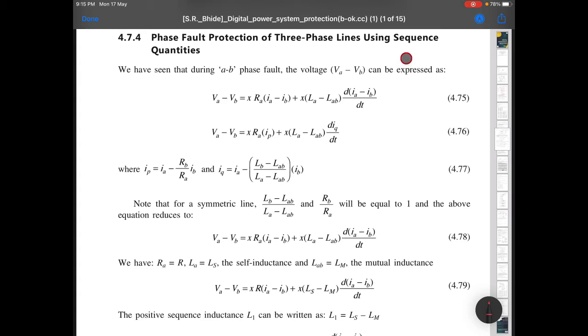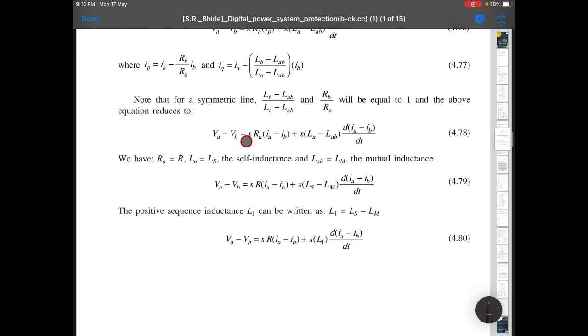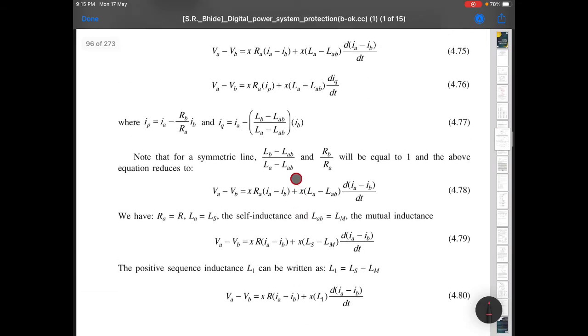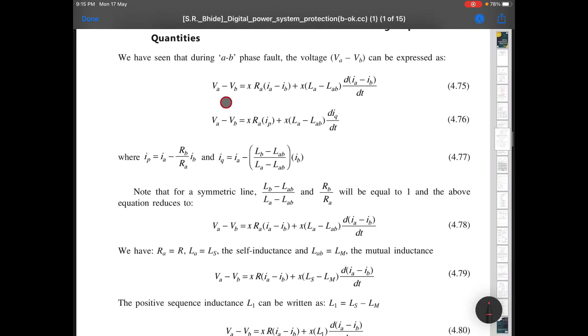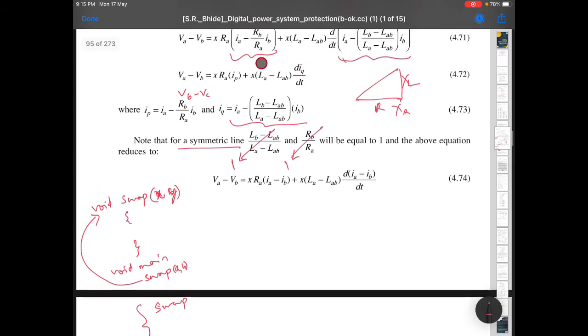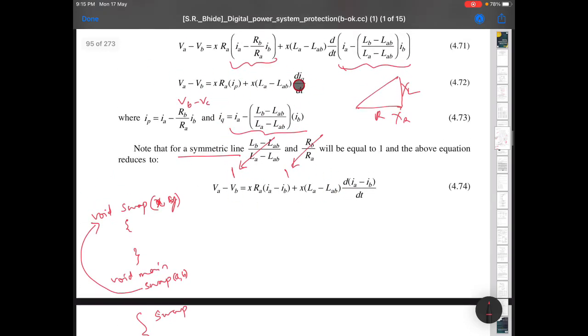No need to derive the earlier equation and then start, provided you are writing all the details neatly. So this was the equation we have derived, and this equation also is a derived one. You can see here, they have taken this equation and this equation.